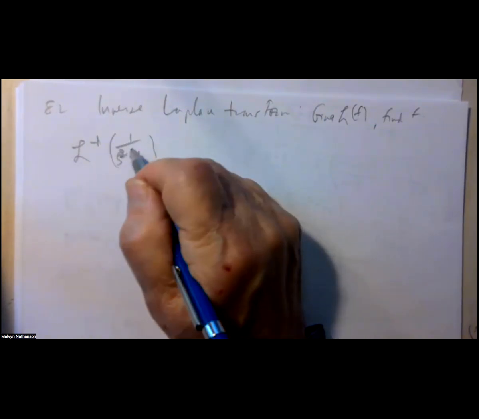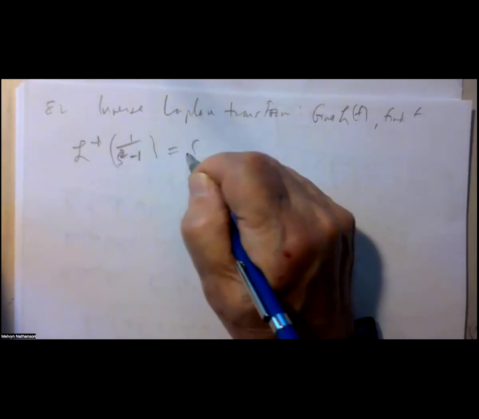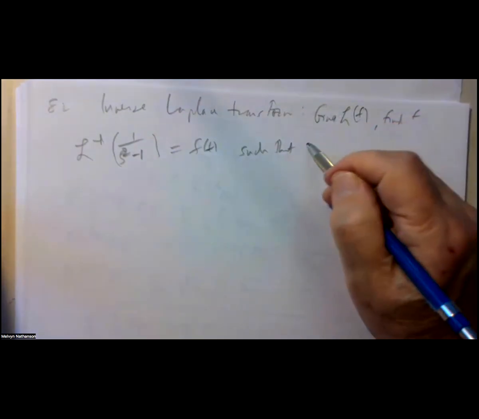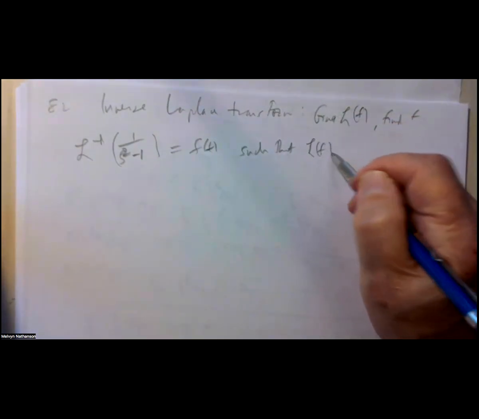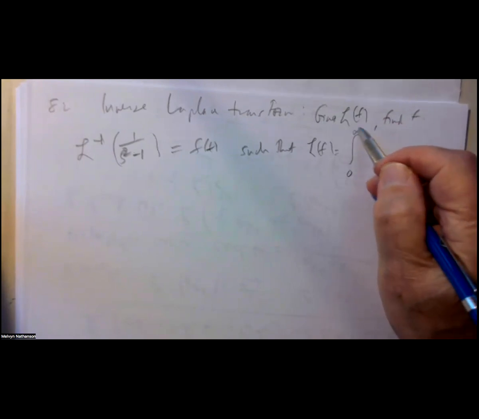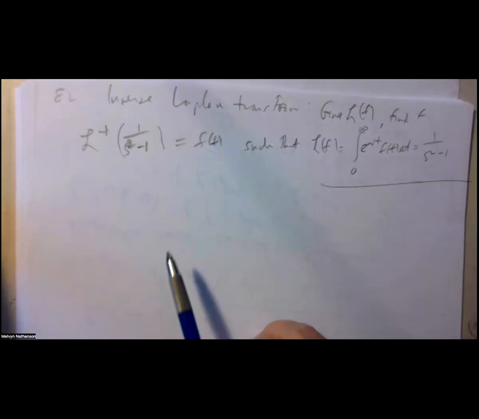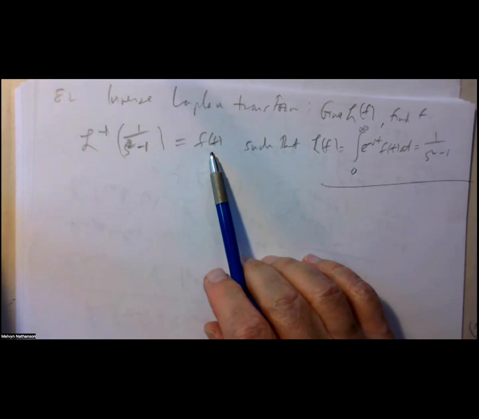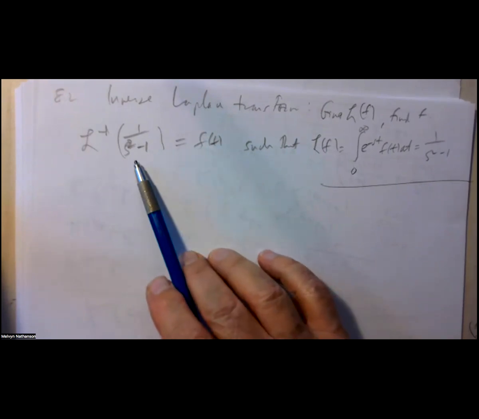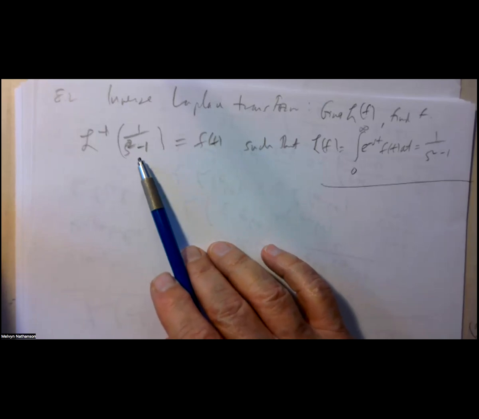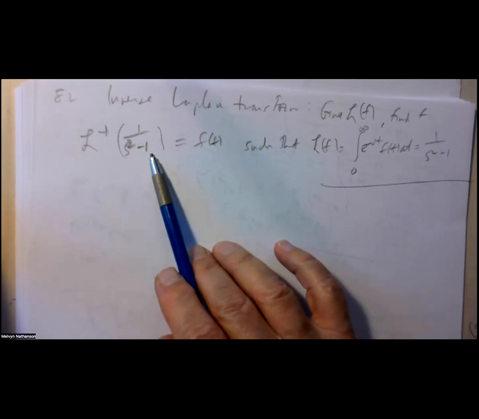And L inverse of 1 over s squared minus 1 is a function f of t such that the Laplace transform of f, which is the integral from 0 to infinity of e to the minus st times f of t dt, is equal to 1 over s squared minus 1. That is, there's a function little f whose Laplace transform is 1 over s squared minus 1. Find the function. That is, find the inverse Laplace transform of 1 over s squared minus 1.